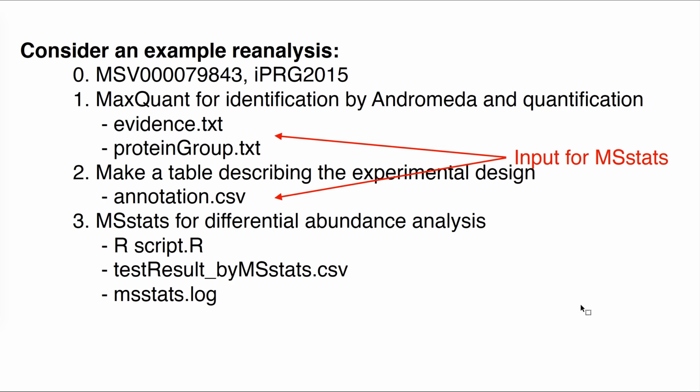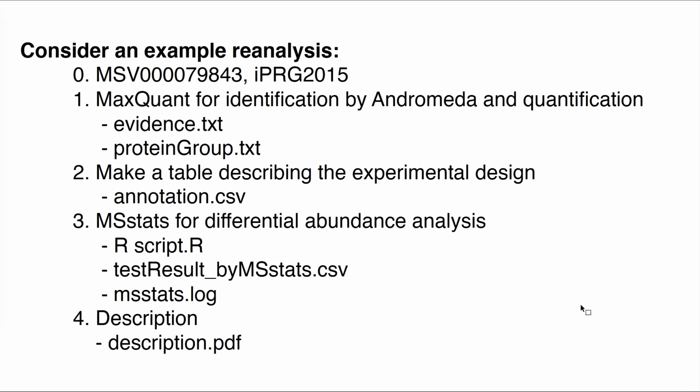MSstats takes the quantification result from MaxQuant and the annotation file and generates the testing result as a CSV file, and the R script and the log file record all the versions, the analysis steps, the parameters, and so on. Last, we made the description file which includes all the description about the data processing steps and the statistical reanalysis.